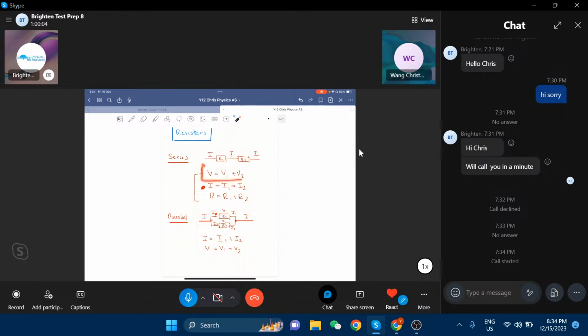So what used to be a sum will become equal. And what used to be equal becomes the sum. So if you are ever stressed in a test, then you can always deduce it again from your recall and say, okay, I start with the current, and in serial, that's the most obvious one, it's equal.